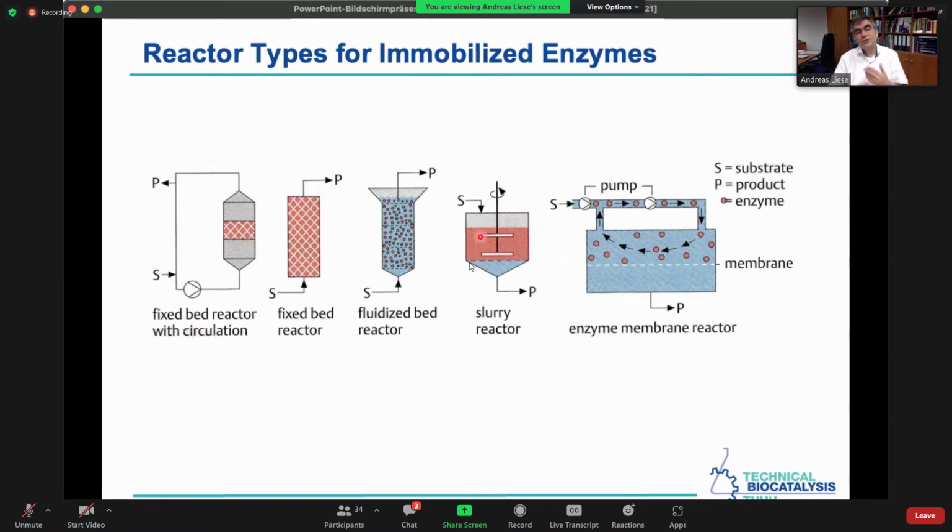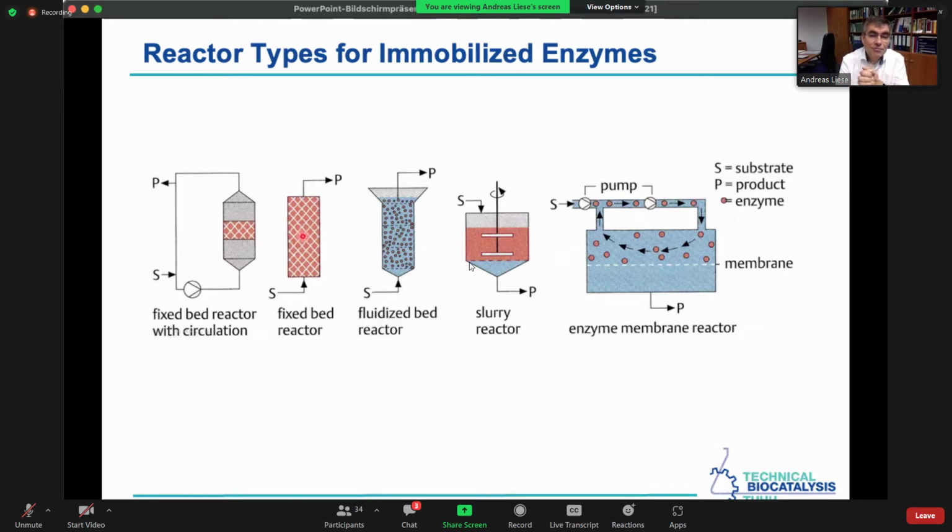To distract this a bit, you often insert some flow breakers here on the side, which introduce secondary flow, but that's not that efficient. If we, in contrast to this, sit on a particle, my laser pointer dot here, in the fixed bed reactor, on our surfboard again, then if we're looking around the surrounding, we see the other immobilized particles, but we will always, every minute, every second, see new solvent molecules.